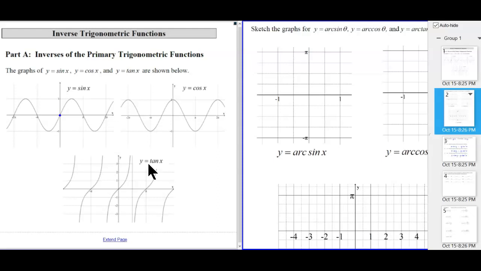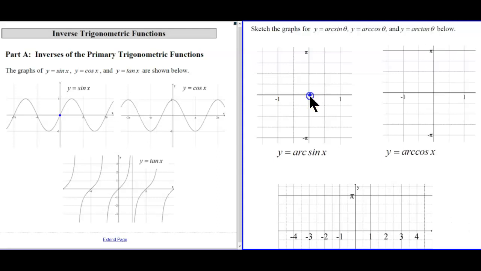This point here, if I interchange 0, 0, nothing happens. It stays at 0, 0. This is pi over 2 for x, 1 for y. So now I want 1 for x, pi over 2 for y. So I've done those 2 points.